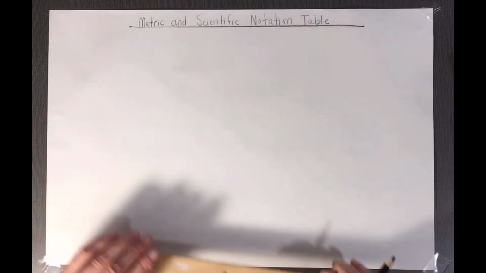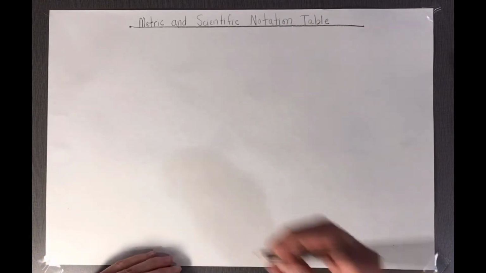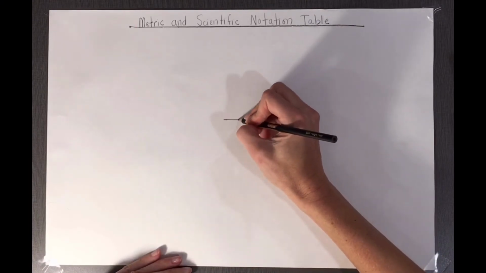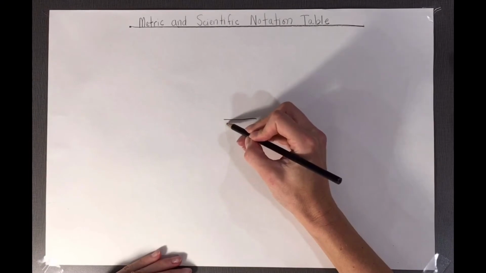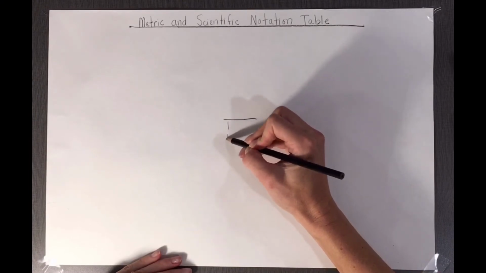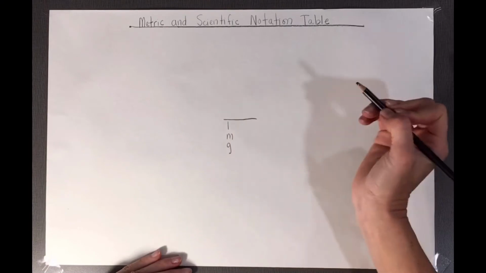We're going to draw our 7-step ladder with our base on step 4 in the middle. This is our 1 liter, meter, and gram.